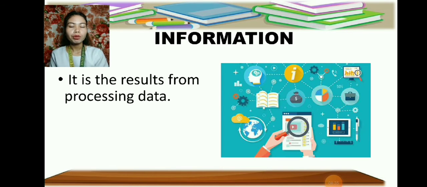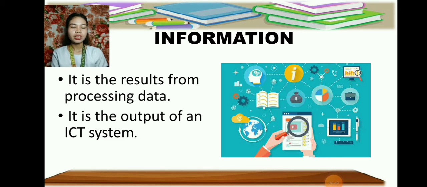Information is the result of processing data. Information is the data that is converted to give it meaning. Information is also the output of an ICT system.